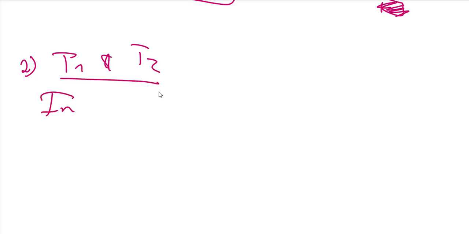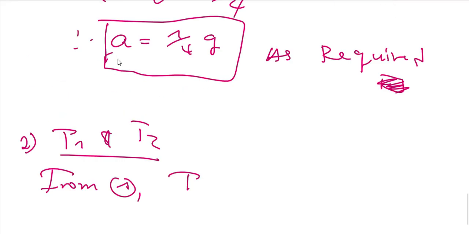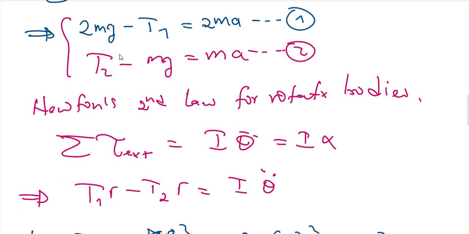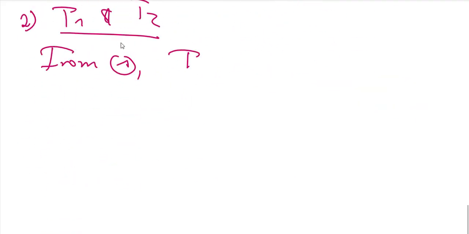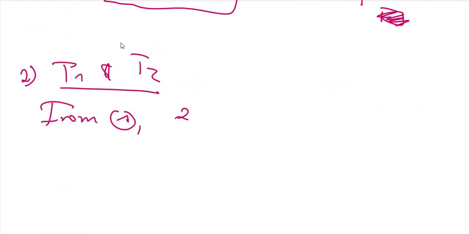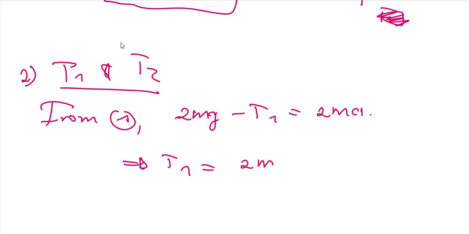Now from equation 1, we have that 2mg minus T1 is equal to 2ma. So this means T1 will be equal to 2mg minus 2ma.